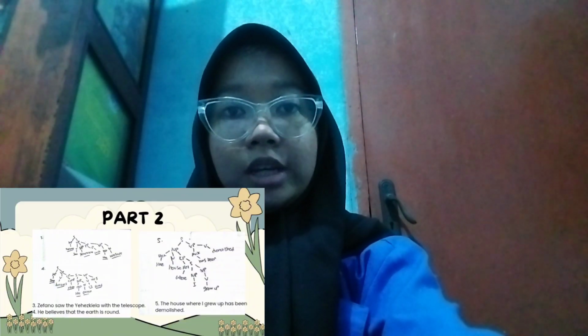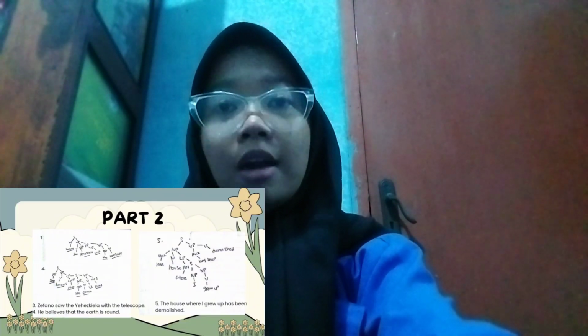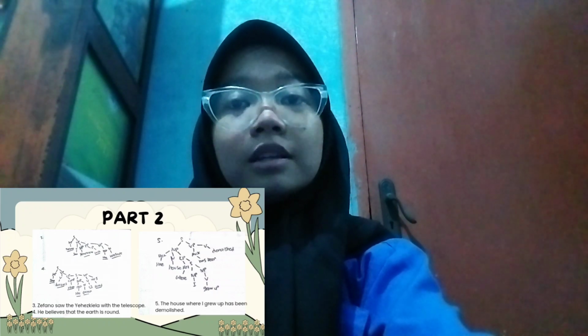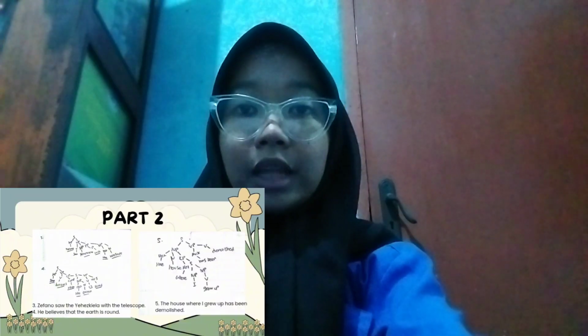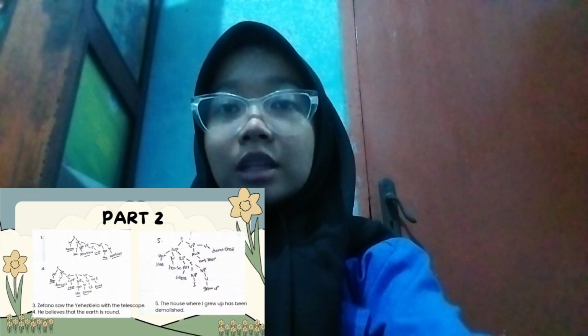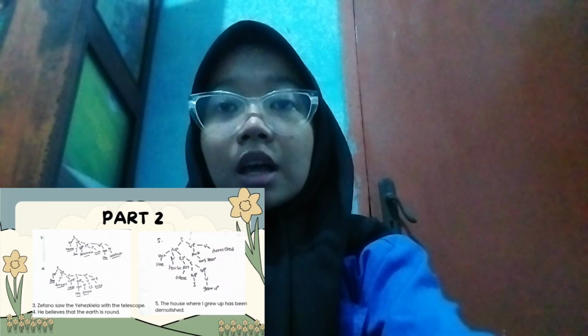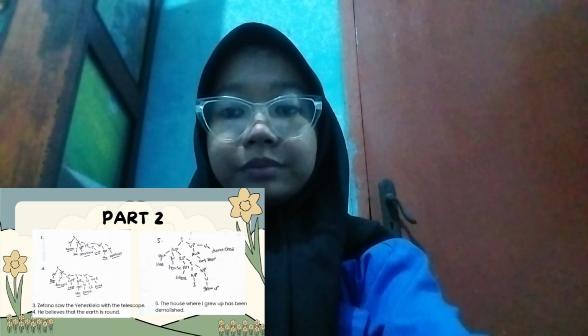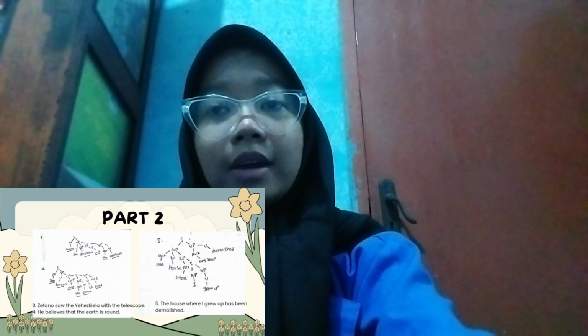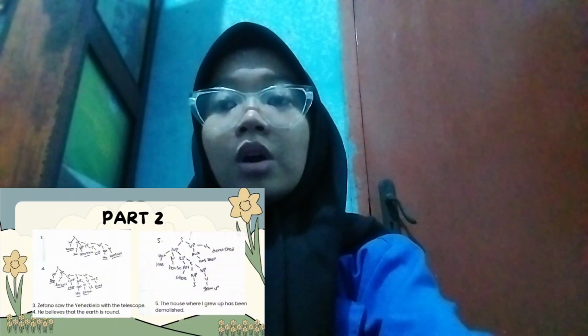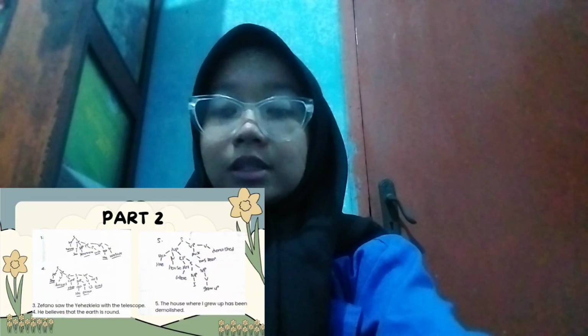Sentence number four is: he believes that the earth is round. So the syntax tree is S, NP she, VP, V believes, CP comp that, S, NP that the, and earth, VP, V is, adjective round. Last, sentence number five is: the house where I grew up has been demolished.